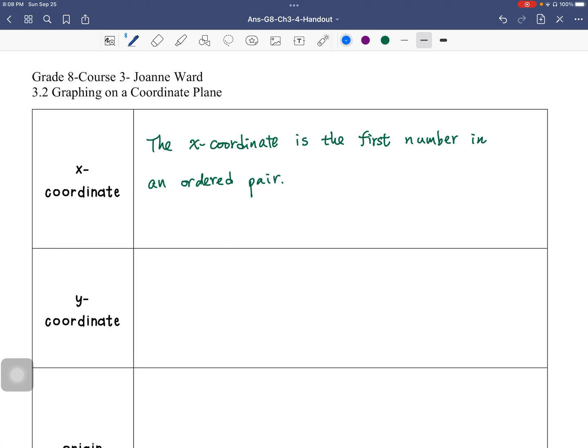So this is the x coordinate. It's the first number in the ordered pair.